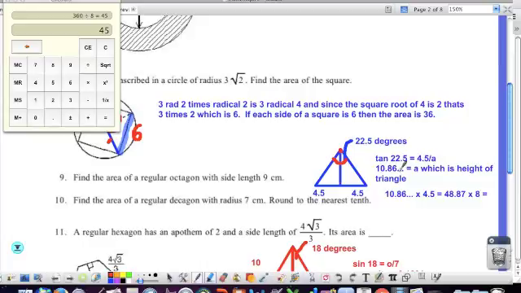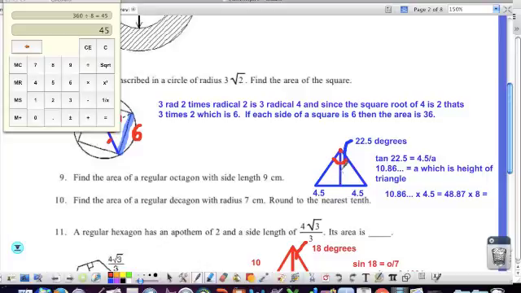Because to take care of rounding issues, I'm going to actually do it right now off camera: 4.5 divided by, and you put 22.5 tangent, equals, you get 10.86396103, and so on. I'm going to leave that in the calculator.